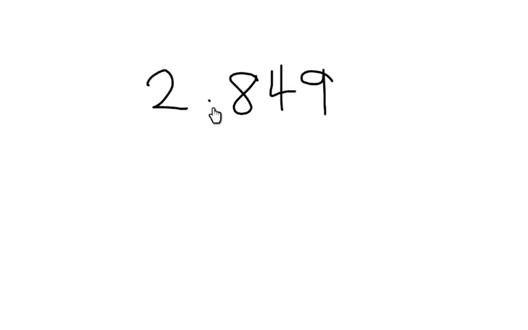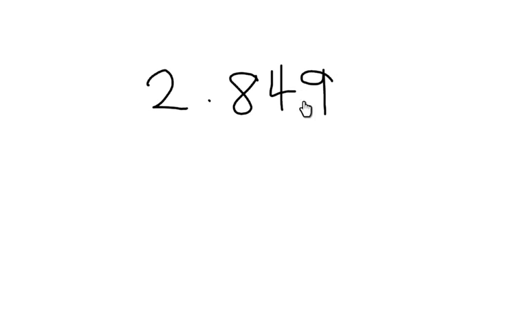Let's correct 2.849 to 2 decimal places. Here we have our decimal point, 1, 2. So we need to round up this number.